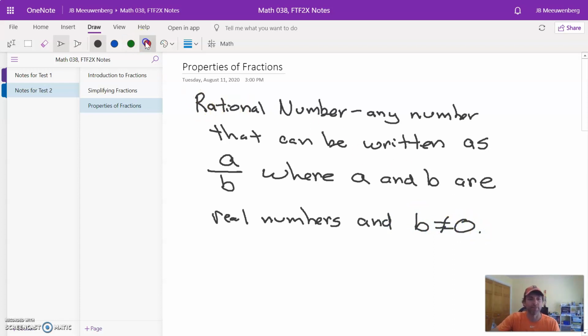Pause, stare at that for a second. Read it, reread it, try to make sense of it. I'll describe some things. So, rational number, any number that can be written as A over B.